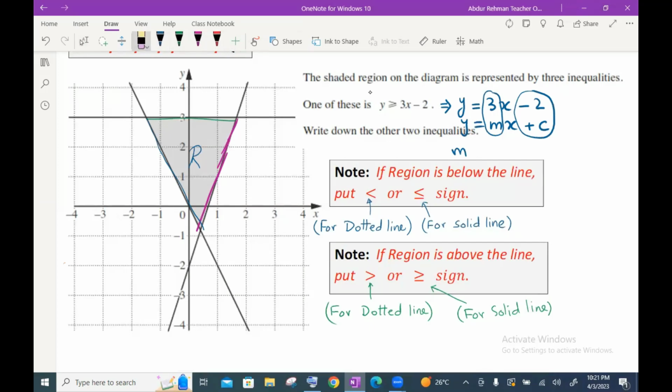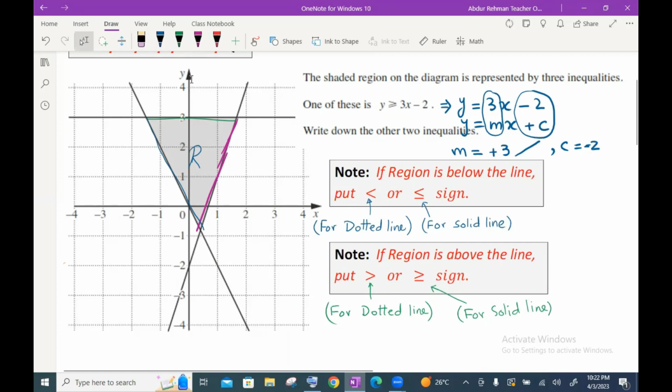When the gradient is positive 3, it means the line is rising towards the right side. And c is minus 2. So in this diagram, the line is rising, and c equals minus 2. Recognize c equals minus 2.